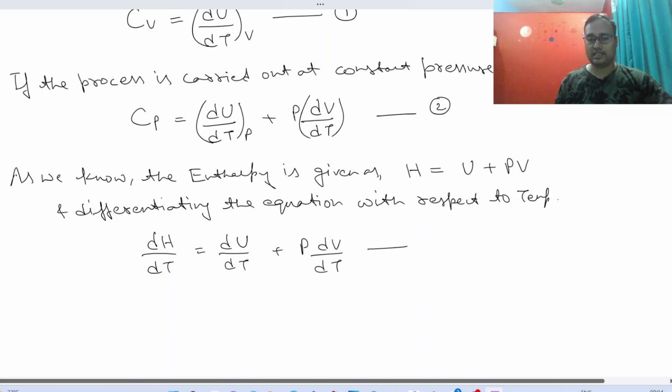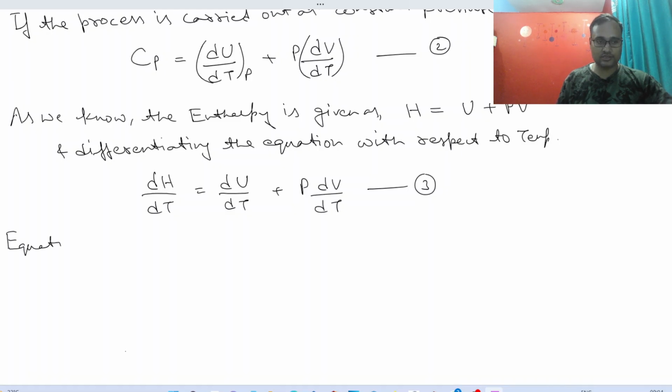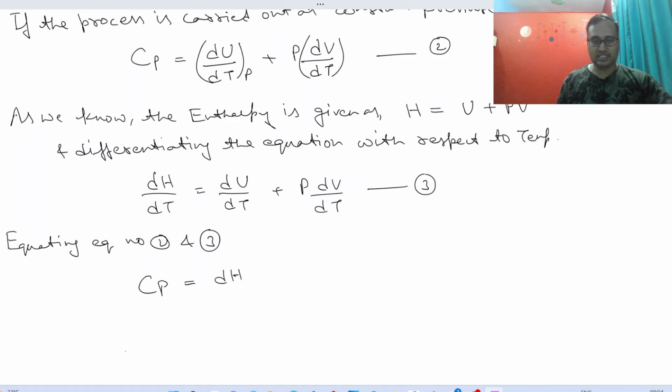This becomes equation number 3. Equating equation 2 and equation 3, we can write Cp is equal to dH by dT at constant pressure.